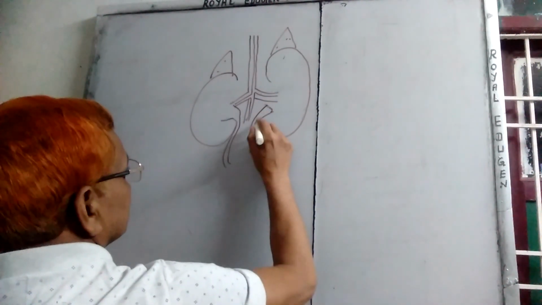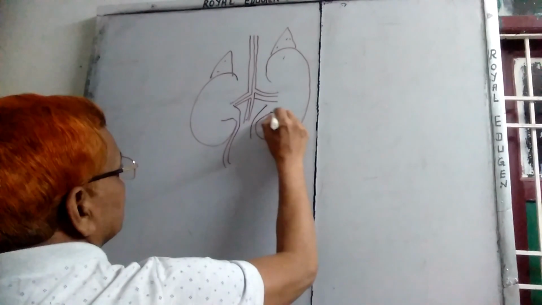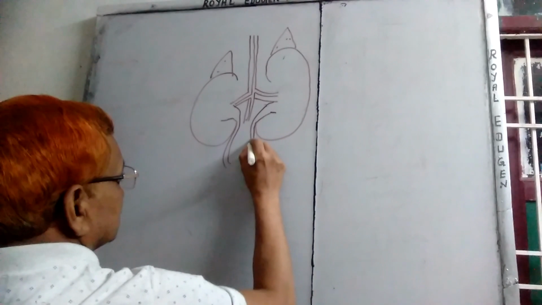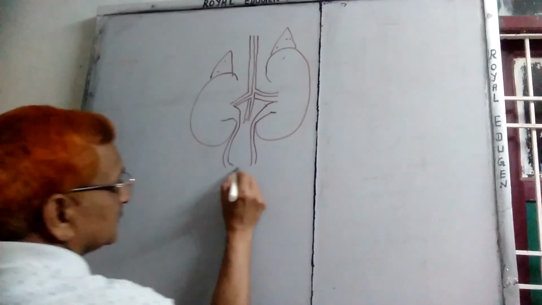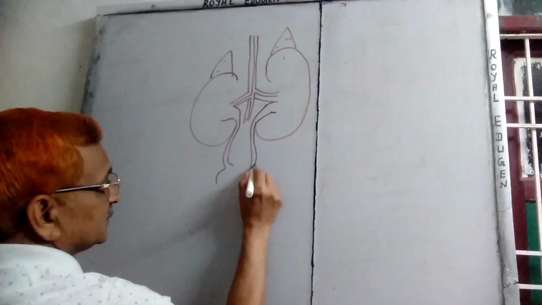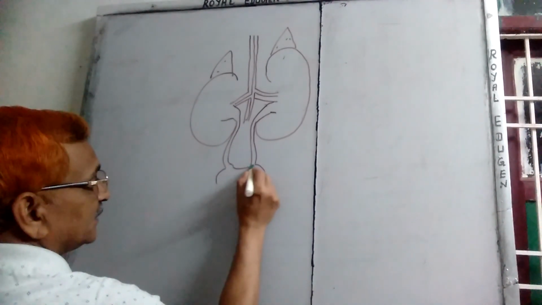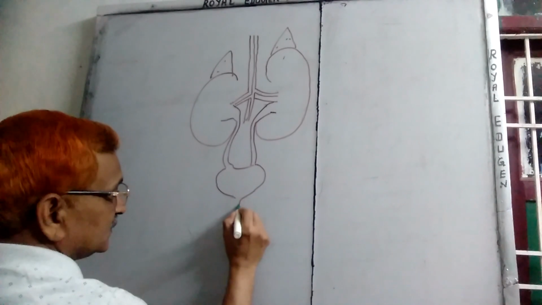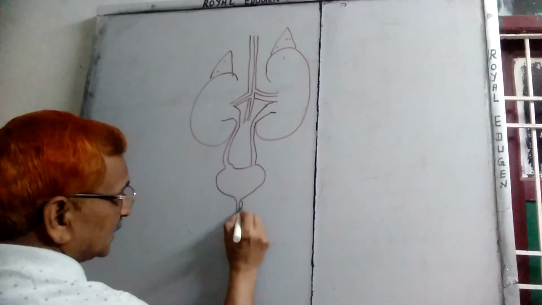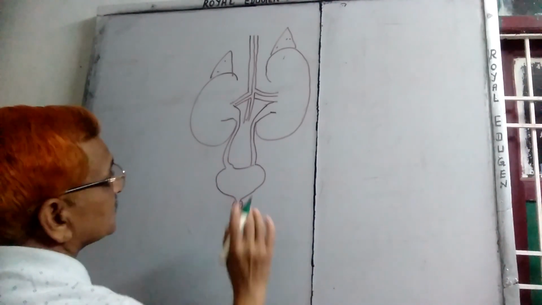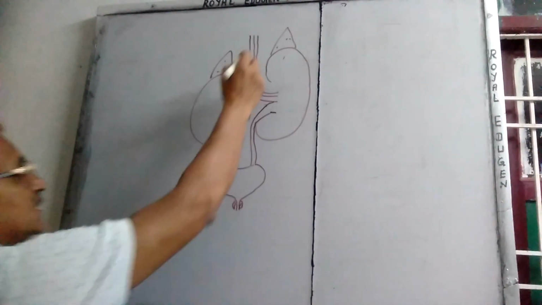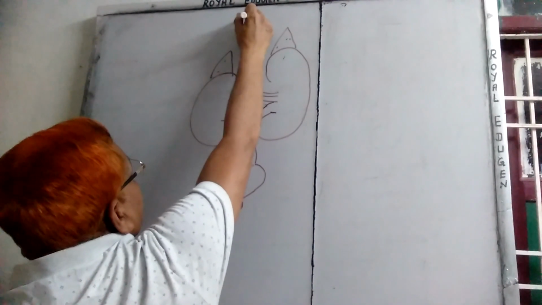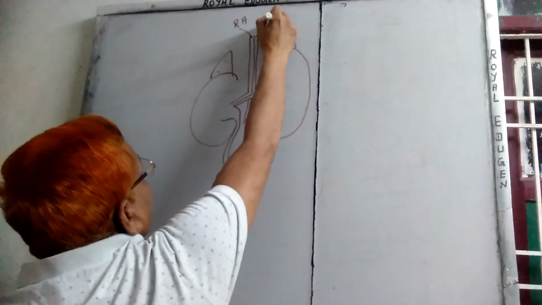Then you can make the urinary bladder, one urinary bladder in which the two ureters bring the urine, and there is a urethra which is guarded by a sphincter muscle. So very easily you can draw the diagram. These are called the renal artery and renal vein.